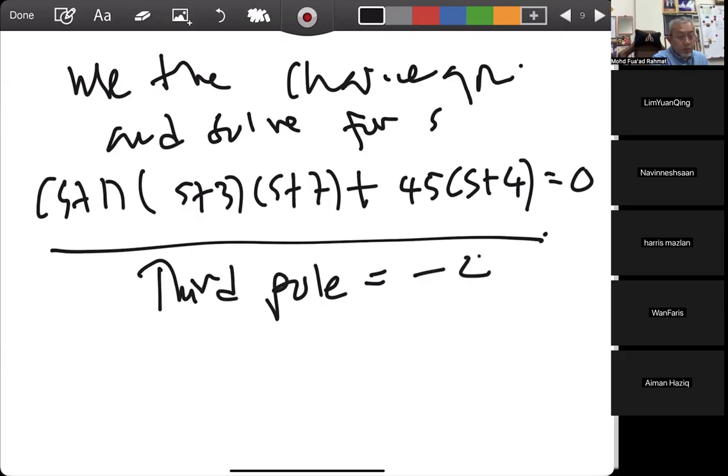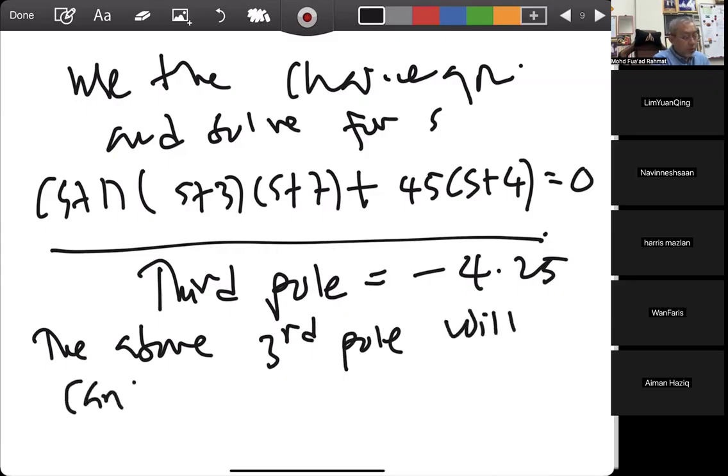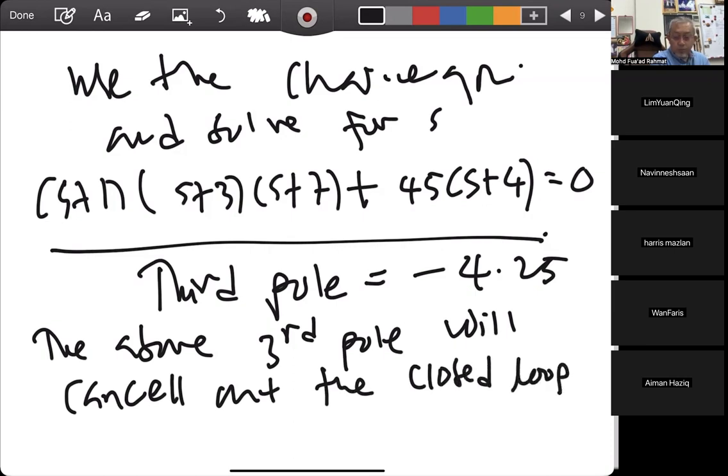is minus 4.2. Okay, so this third pole will cancel out the closed loop zero at minus 4.